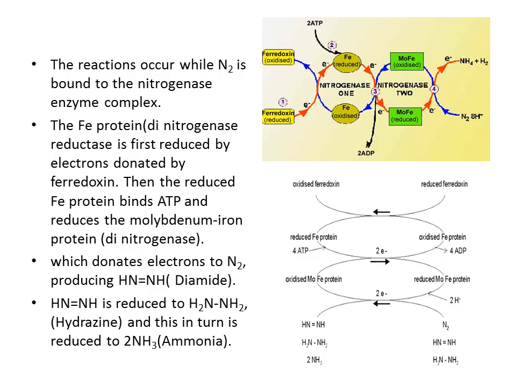So now this ferredoxin is ready to donate an electron or the proton to nitrogenase. This has been mediated or catalyzed by an enzyme called hydrogenase. Once the electrons and the protons are transferred to dinitrogenase reductase, that is the Fe protein, the first protein of nitrogenase, it gets reduced by accepting the electrons.